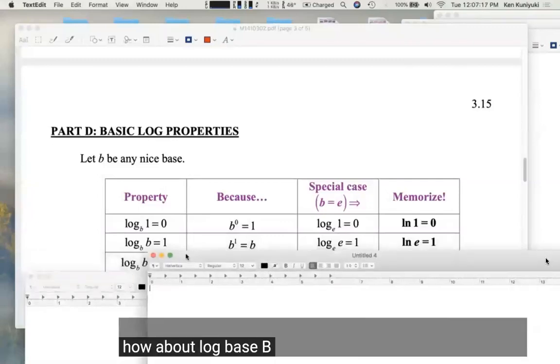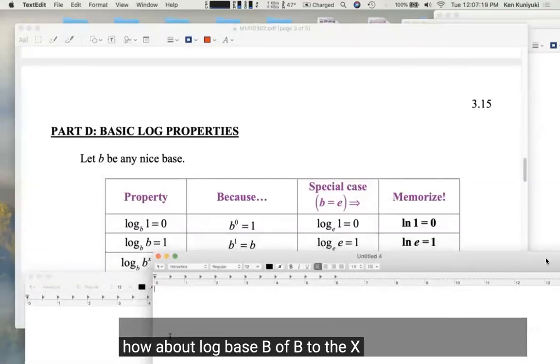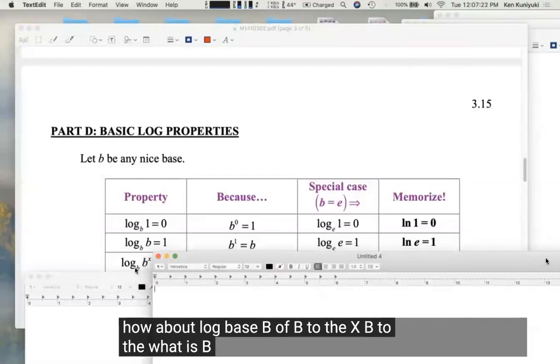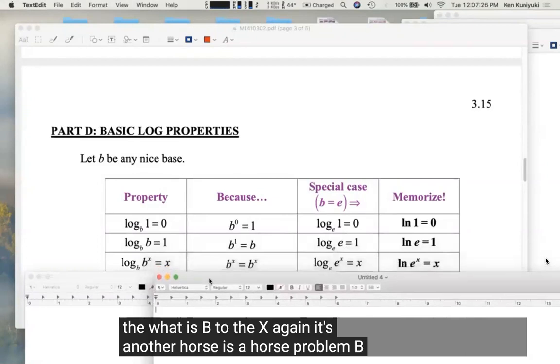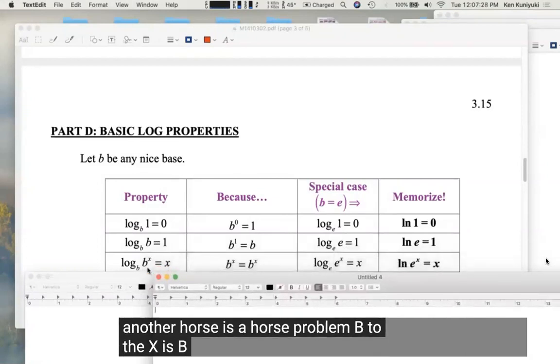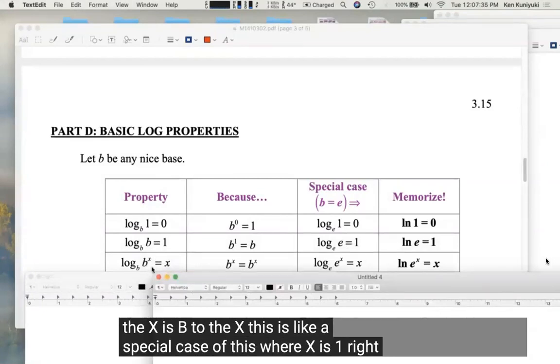How about log base b of b to the x? B to the what is b to the x? Again, it's another horse is a horse problem. B to the x is b to the x. This is like a special case of this where x is 1.